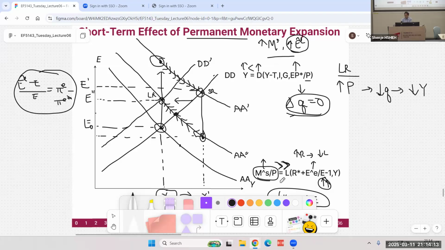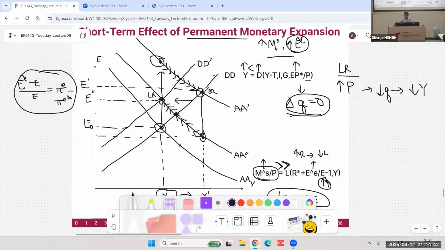These two things will impact the AA schedule specifically. And based on the previous slide, if we increase MS and we increase E hat E, then the entire AA schedule is going to shift really high, right? More so than only responding to MS or only to E hat E individually. The combined effects give you an amplified effect.